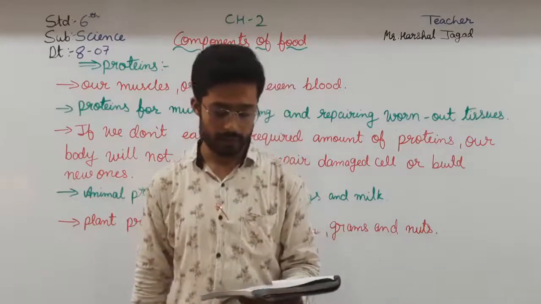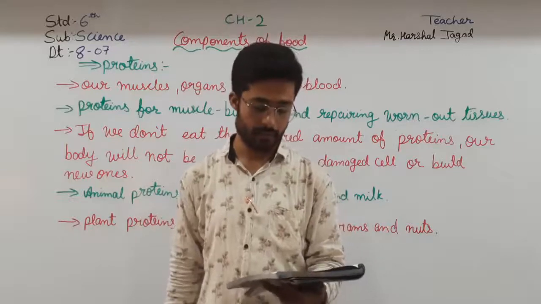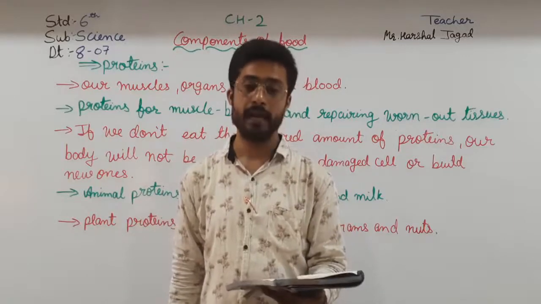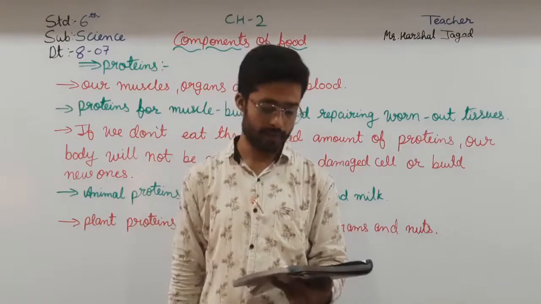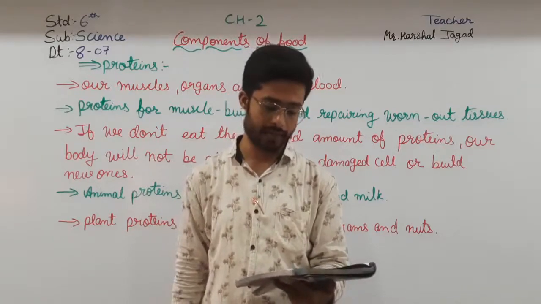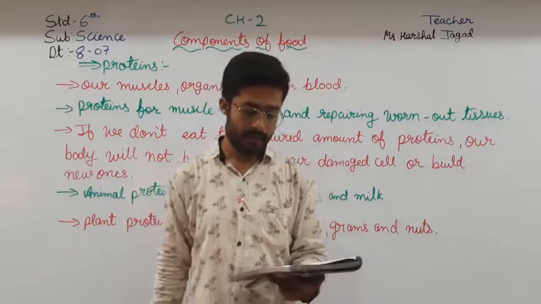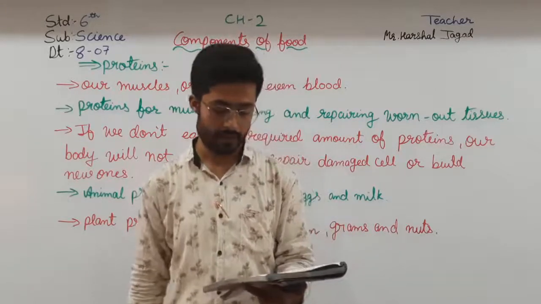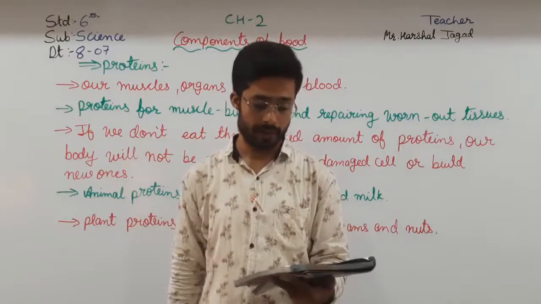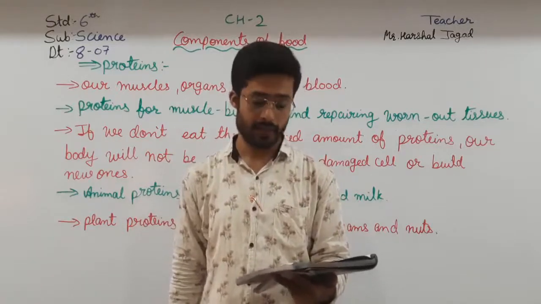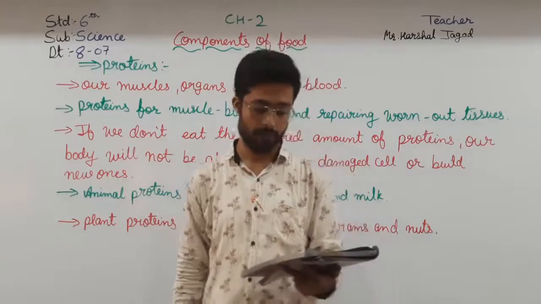If we do not eat the required amount of protein, our body will not be able to repair damaged cells or build new ones. Rich sources of animal proteins are meat, fish, eggs and milk. Rich sources of plant proteins are pulses, soya beans, grams and nuts. Figure 2.3 shows animal as well as plant sources of proteins.